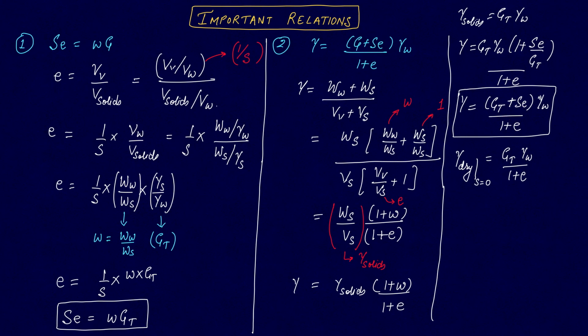Similarly, if you want to calculate the value of gamma saturated, put the value of S equals to 1. So here the formula will become equals to GT plus S is 1 multiplied by E into gamma W upon 1 plus E. So hence gamma saturated will become equals to G plus E into gamma W upon 1 plus E. So that is another formula.